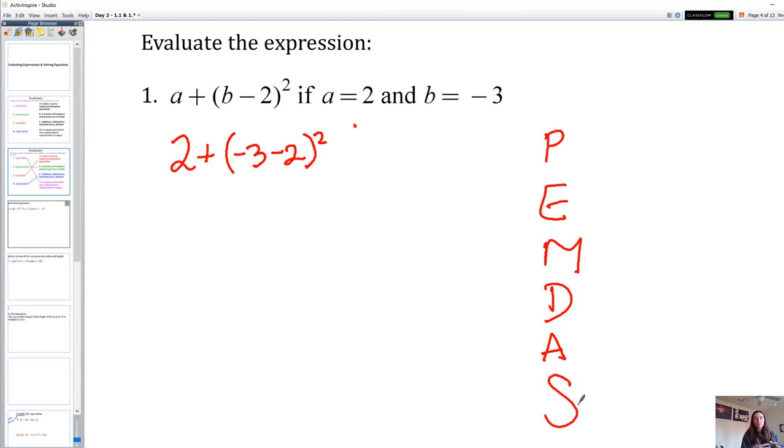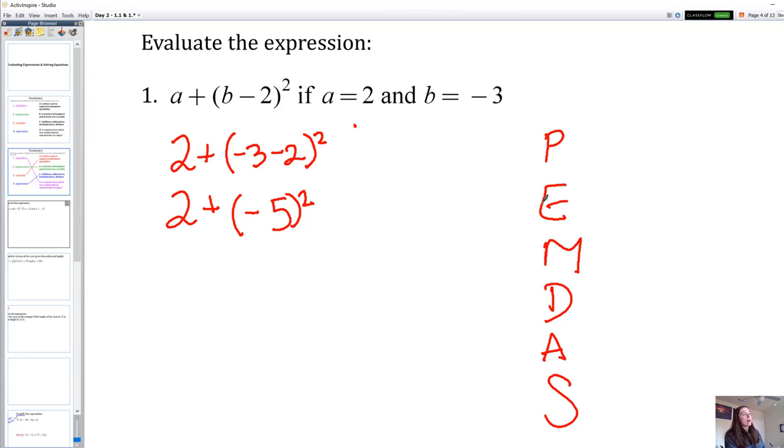So anything that's inside the parentheses, we need to simplify first. So inside the parentheses here, I see that negative 3 minus 2. So I'm going to start by simplifying the negative 3 minus 2. So we still have this 2 out front, plus then negative 3 minus 2, we're getting more negative, gets us to negative 5. We're going to square that. Then the next thing in PEMDAS is E. E stands for exponents.